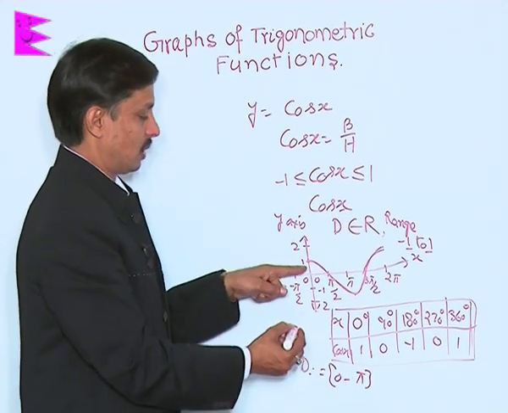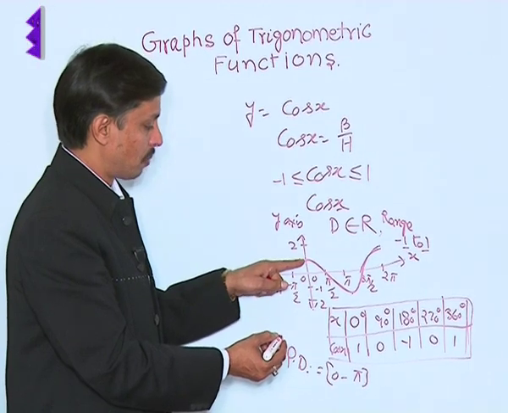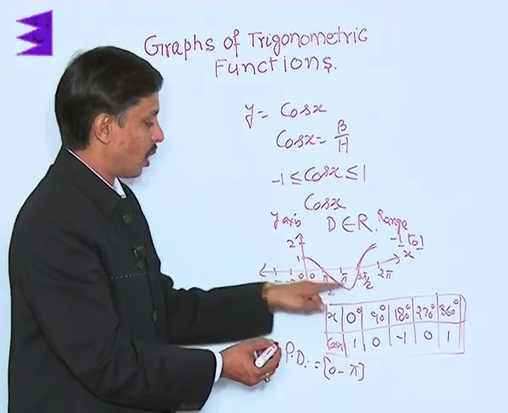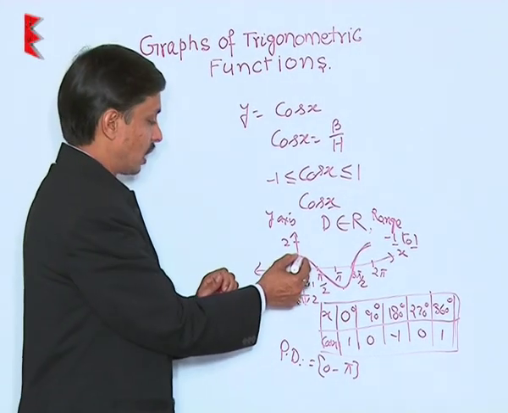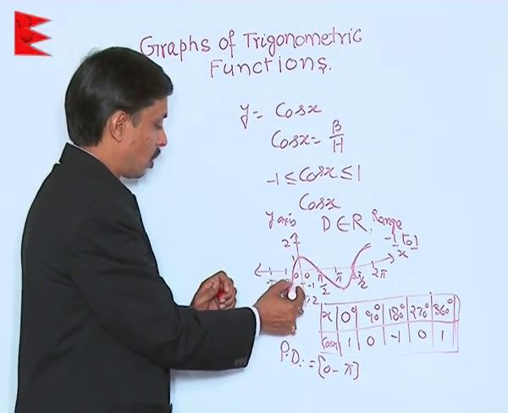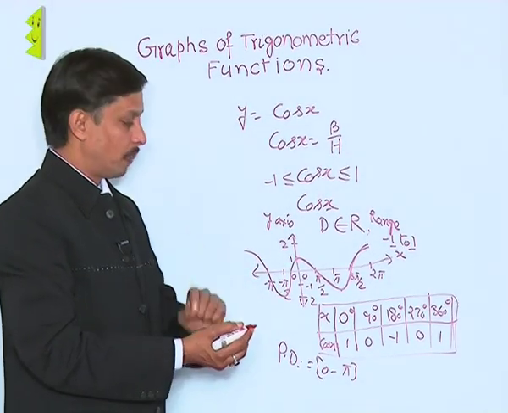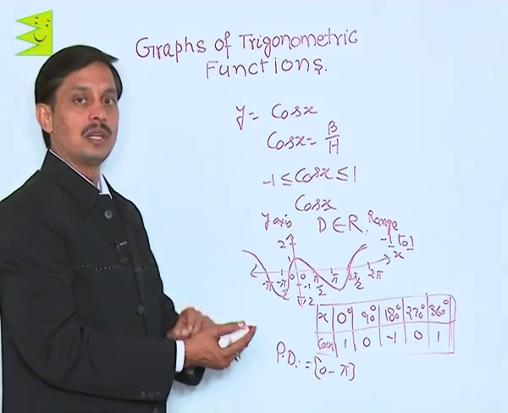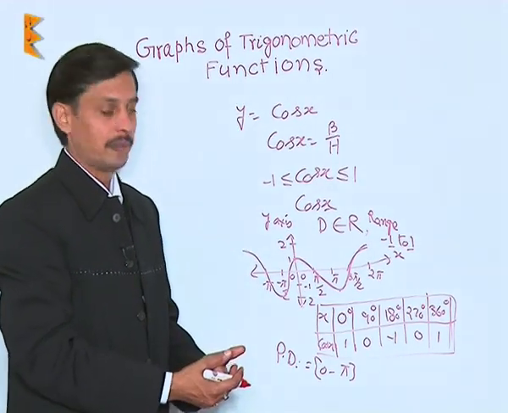Why? Because nearest to the origin, the whole range from 1 to -1 is covered from 0 to 180 degrees. The graph in the negative part will be like this, and the periodicity of this function is 2 pi or 360 degrees.